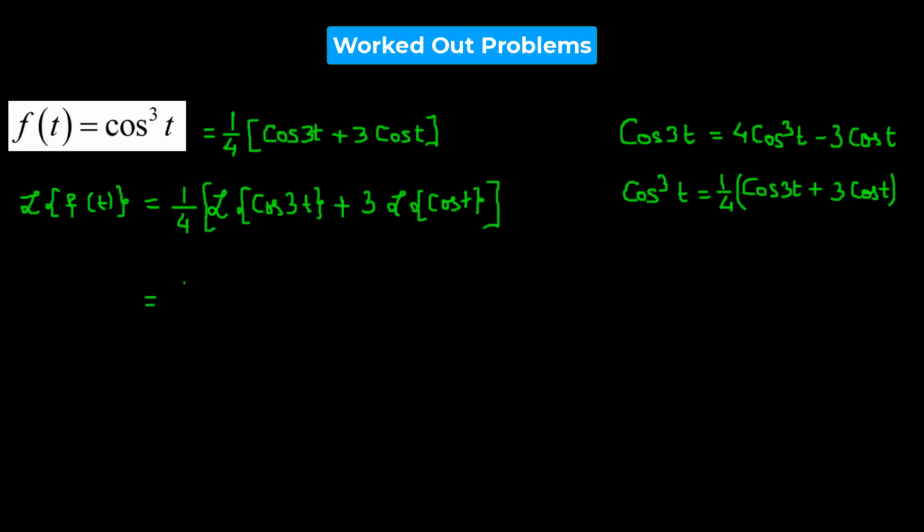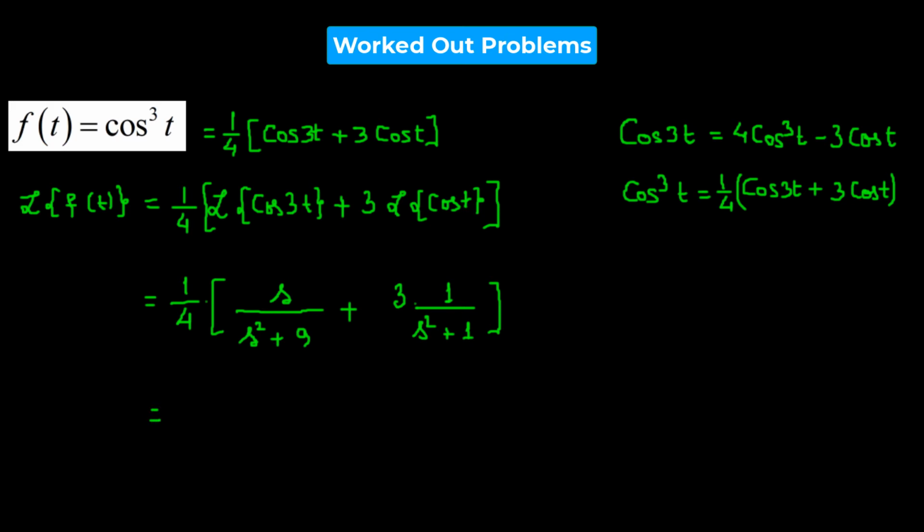This will be equal to 1 over 4 multiplied by (the Laplace transform of cos 3t, which is s divided by s squared plus 3 squared, so that's 9, plus 3 times s over s squared plus 1 squared, so that is 1). This is the Laplace transform of the cosine function, cos t.